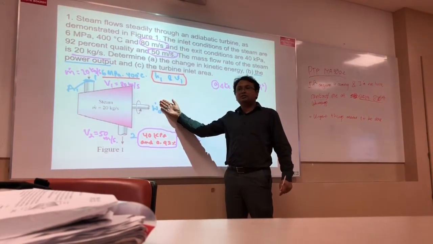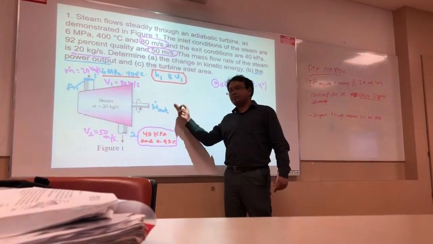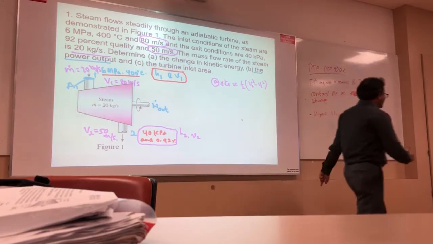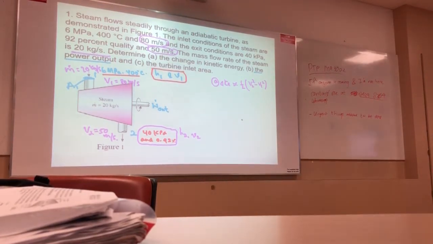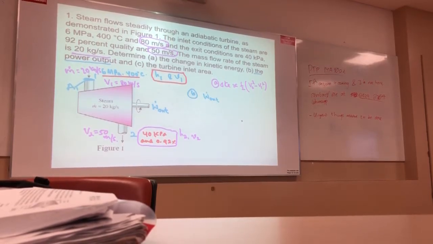By the energy balance. Energy balance tells me this number. So B, W dot out, you can get from energy balance. I show you later. This is the concept, right?